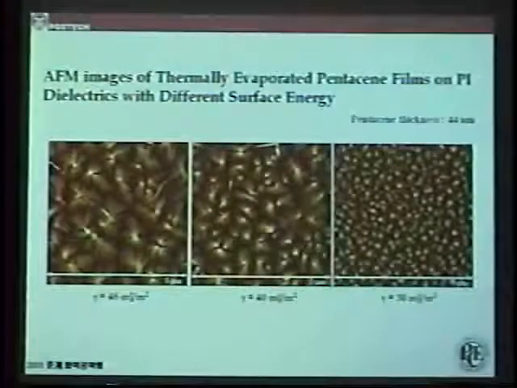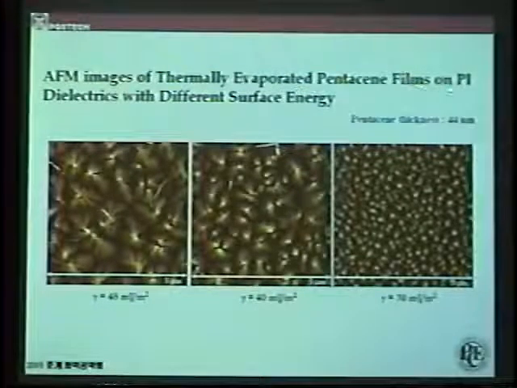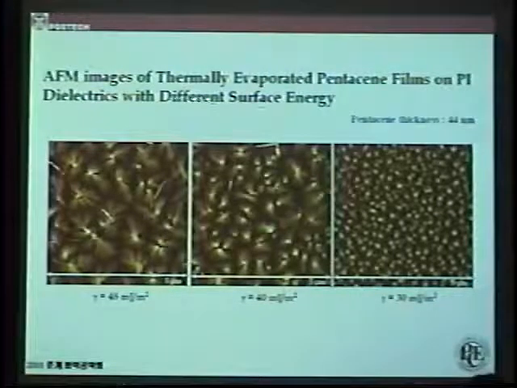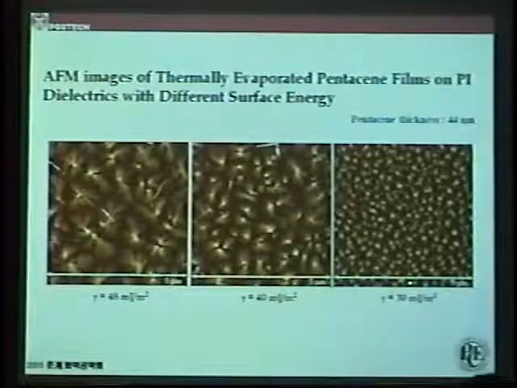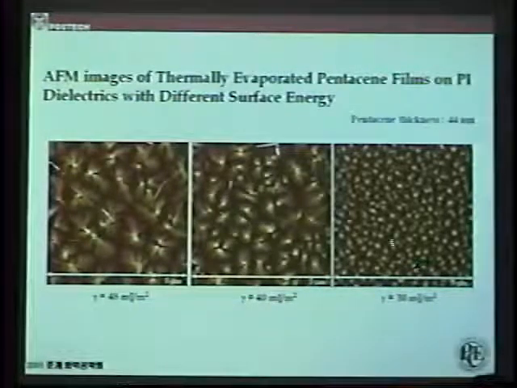This shows the AFM image of thermally evaporated pentacene film on polyimide dielectrics with different surface energy, with 44 nanometer thickness. By incorporating PDMS, we decrease the surface energy, and also we decrease the grain size.